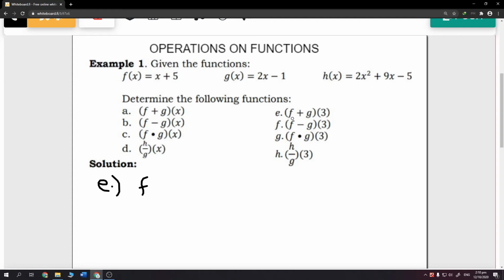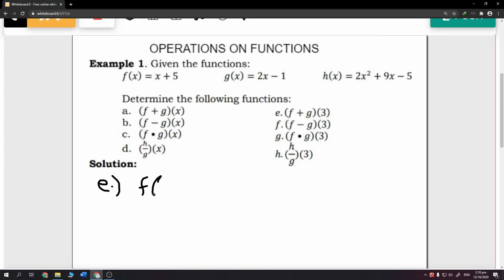We can add the two functions first and then substitute the value of 3, or we can simply substitute 3 into both functions first, and before doing the operation it's just the same. Let us see, we're going to answer both.